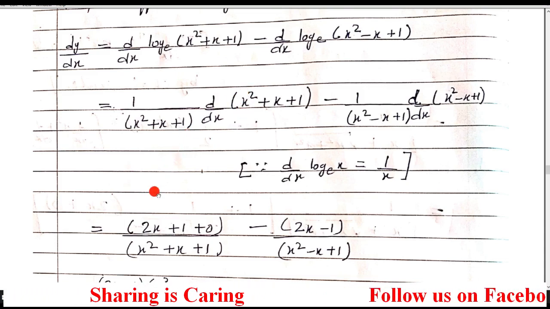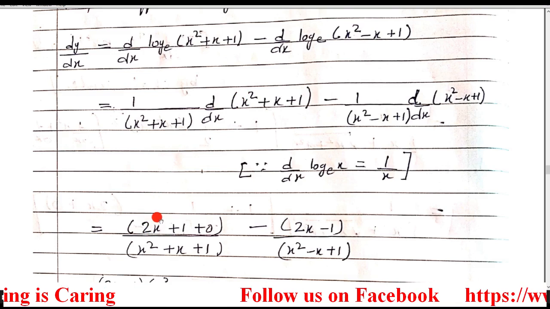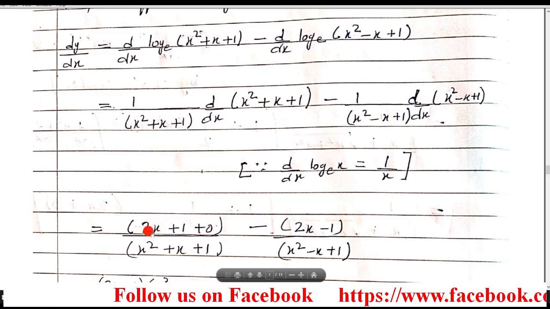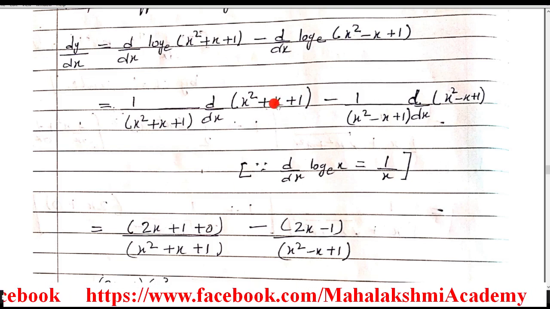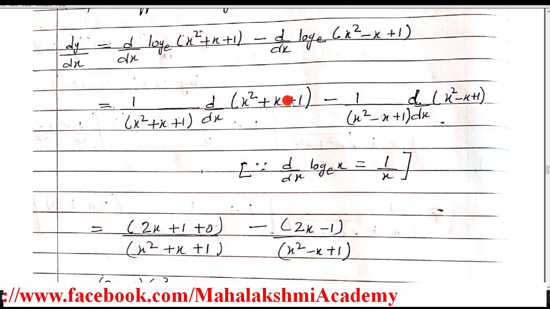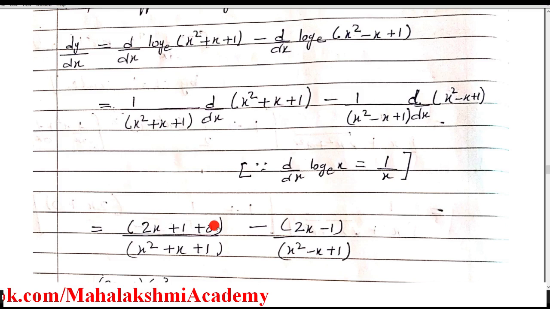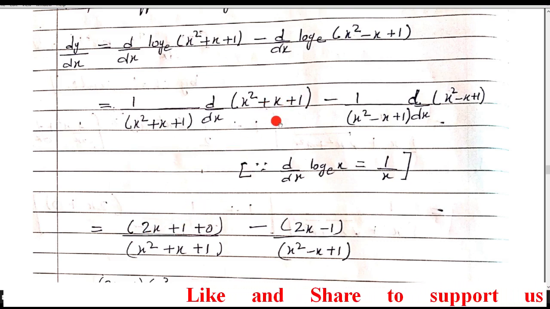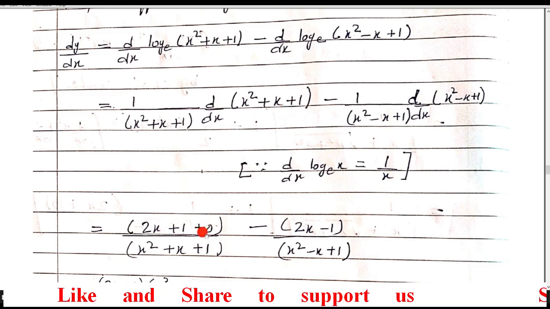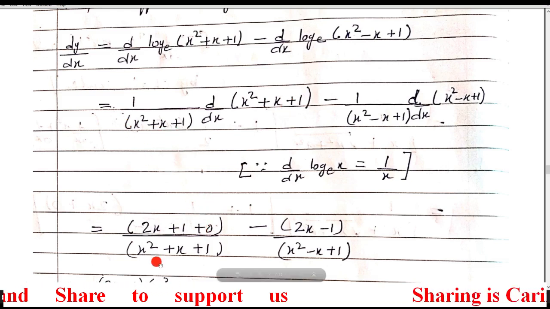So this 2 will come in front, that is n x to the power n minus 1. So 2x, since 2 minus 1 is 1, I have not written the power 1. The differentiation of x is 1 and the differentiation of 1 is 0. I hope this step is clear. The x square differentiation is 2x by using the formula x to the power n, x differentiation is 1 and 1 differentiation is 0, and the denominator I wrote as it is.